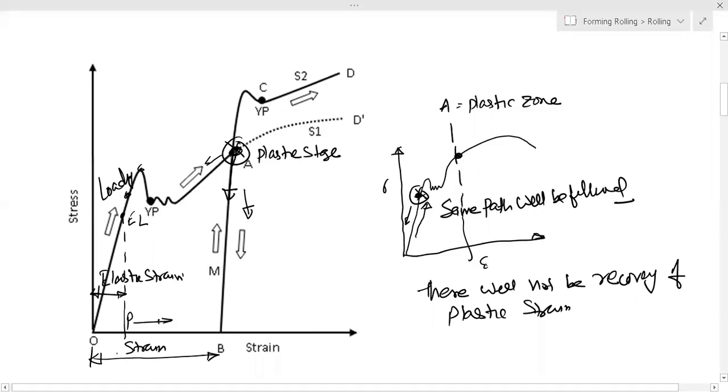This is the total strain, and you have the plastic strain. This plastic strain will remain there. The unloading line will follow a slight taper, because this is your elastic strain and that will be recovered. It will shift like this. So finally, only the plastic strain will remain.